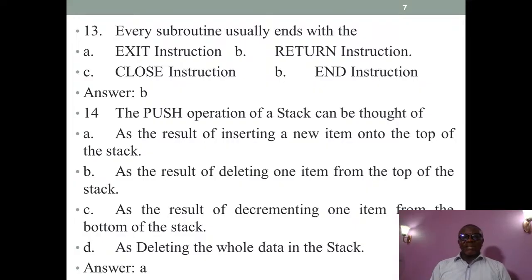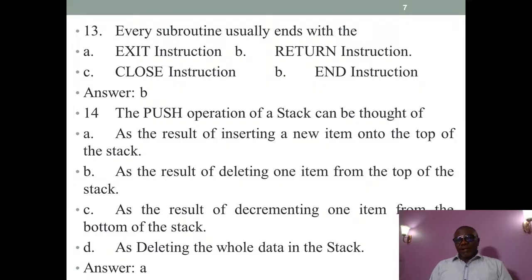So what you are doing is stacking the plates you have washed. The computer does that when you are bringing information to the storage device. It will be stacking that information.